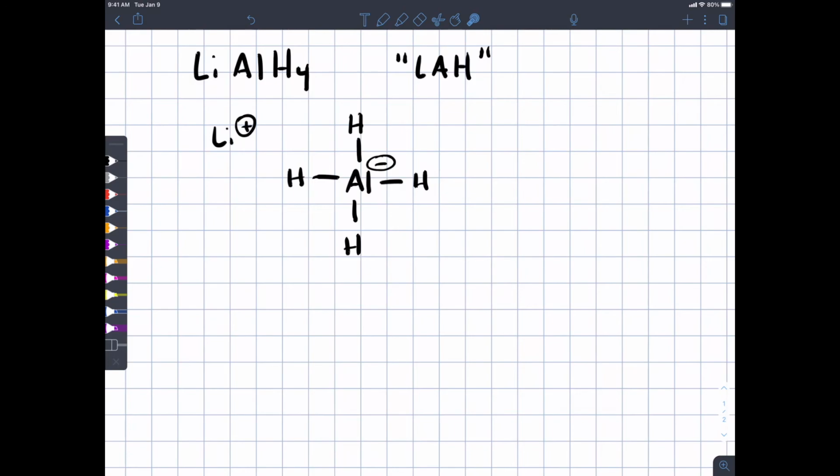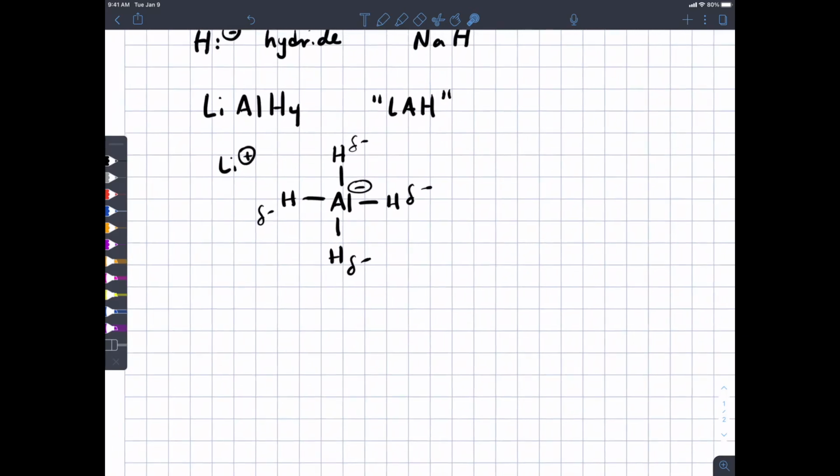Because hydrogen's more electronegative than aluminum, most of that negative charge is held out on the hydrogens, which means that the electron-rich portion of the molecule is the hydrogens and not the aluminum. Okay, so this aluminum hydride is a source for electron-rich hydrogen.